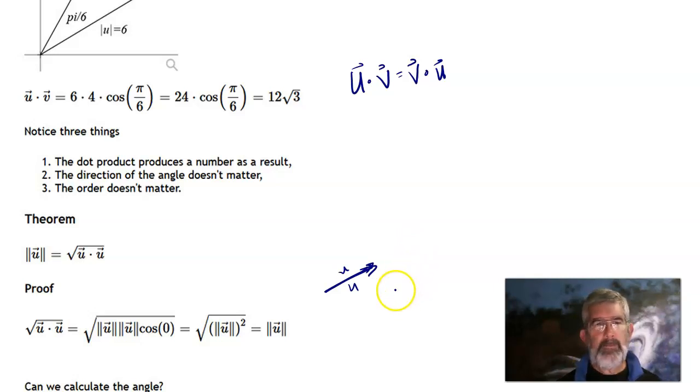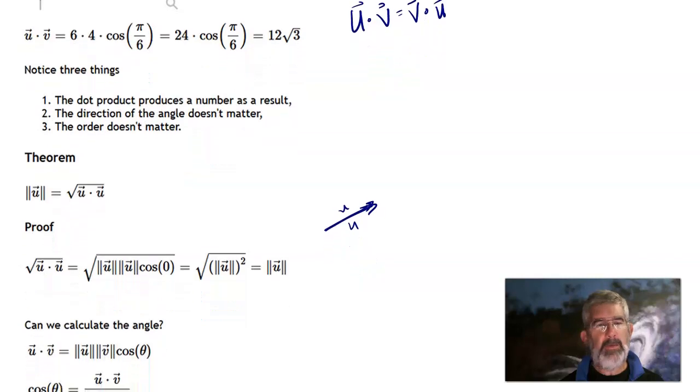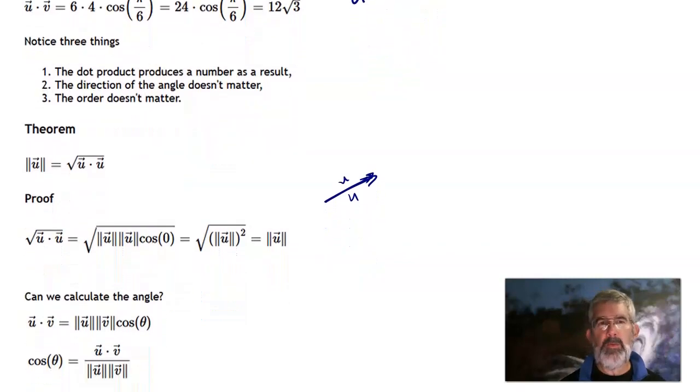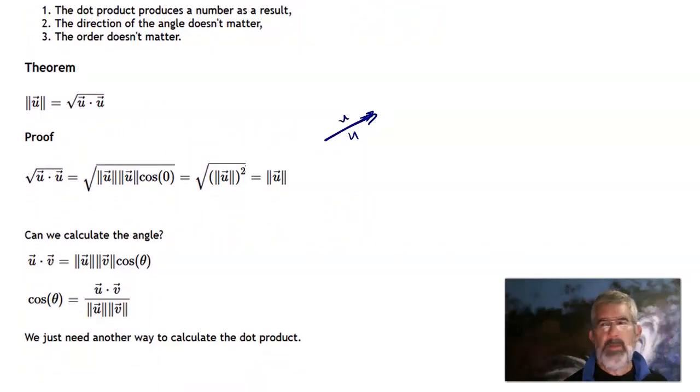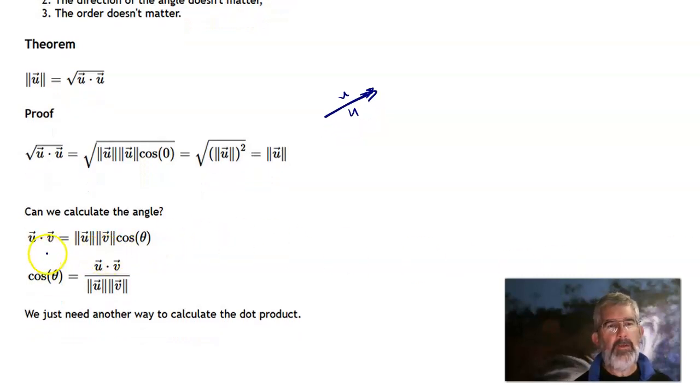Okay. Now, one of the things this definition gives us the possibility of is being able to calculate angles between vectors, because the angle here is involved in the definition. The dot product of u and v is the length of u times the length of v times the cosine of the angle. So I could solve for the cosine of the angle and then, I suppose, take the inverse cosine of both sides.